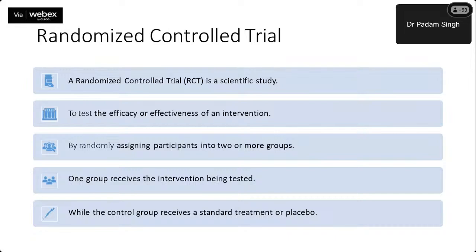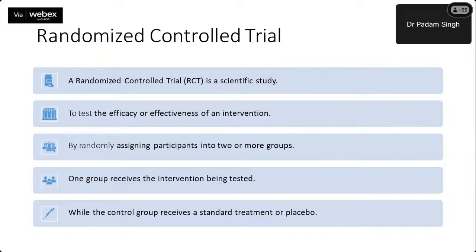And this is for what? To test the efficacy or effectiveness of the intervention. जो आप intervene कर रहे हैं, उसकी efficacy क्या है, उसकी effectiveness क्या है. This is by randomly assigning the participants into two groups.